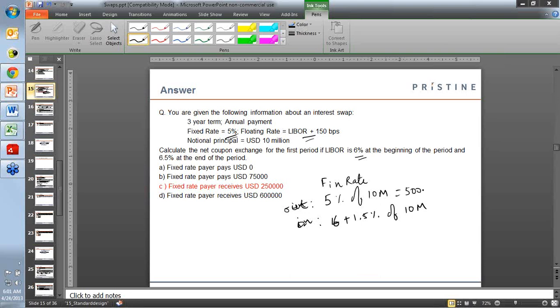This will be 500,000 and this will be 750,000. So essentially the inflow is greater than the outflow, and it is greater by 250k. So basically the fixed rate payer will receive $250,000 in this case.